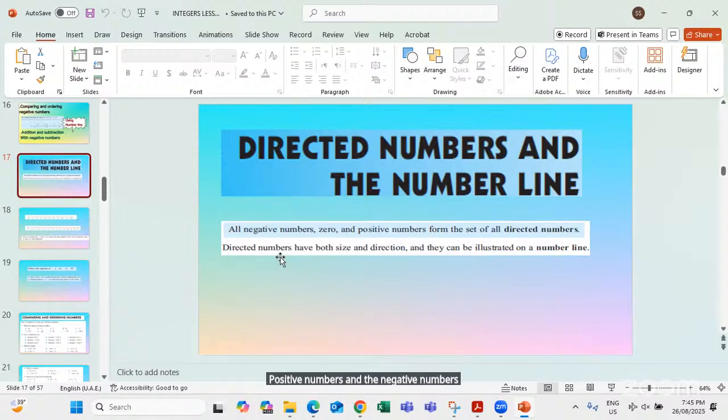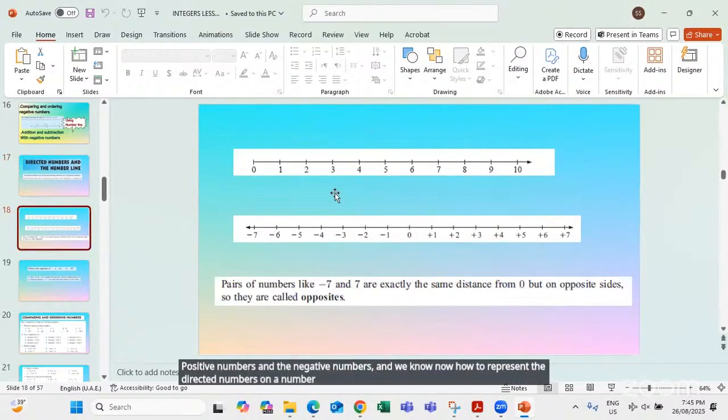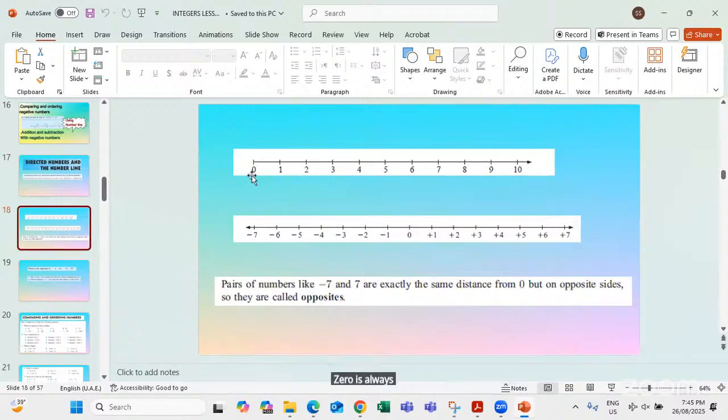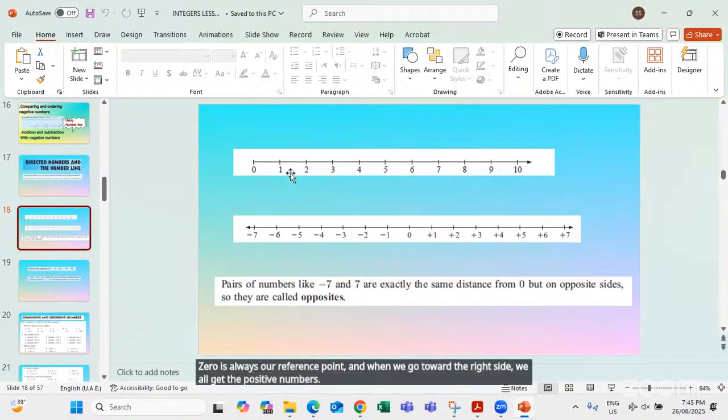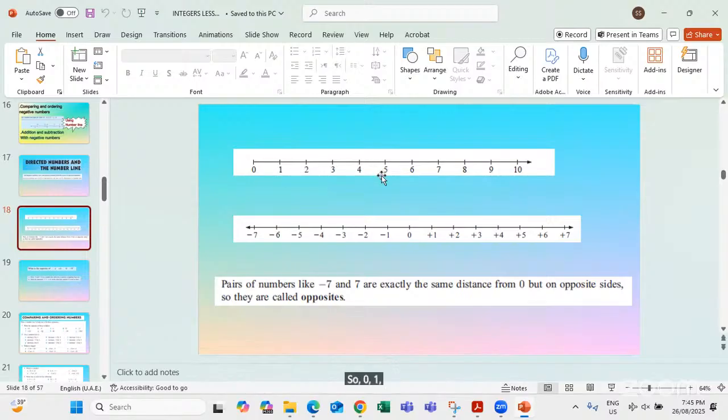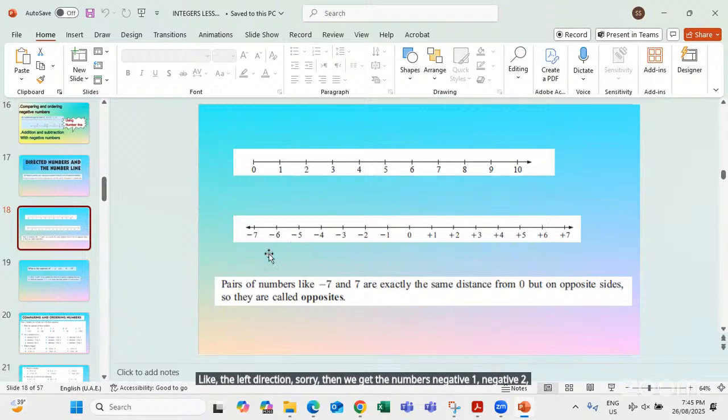And we know now how to represent directed numbers on a number line. 0 is always our reference point, and when we go towards the right side, we get the positive numbers: 0, 1, 2, 3, 4, and so on, all the way to 10. In the same way, if we go from 0 in the backward direction, the left direction, sorry, then we get the numbers -1, -2, -3, and so on.